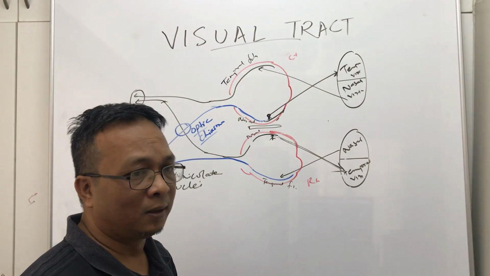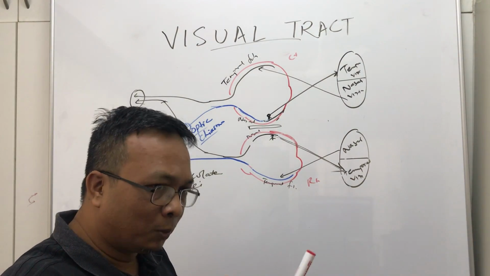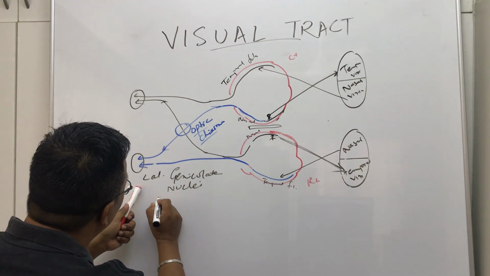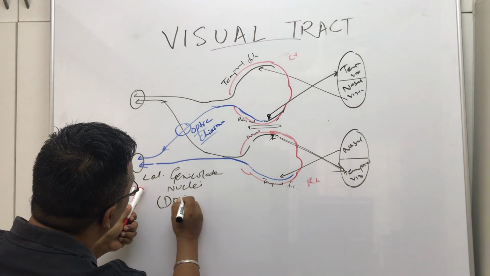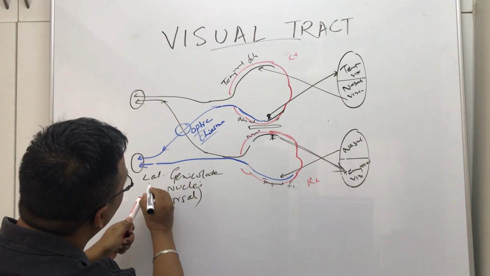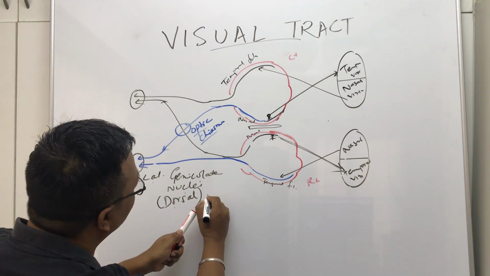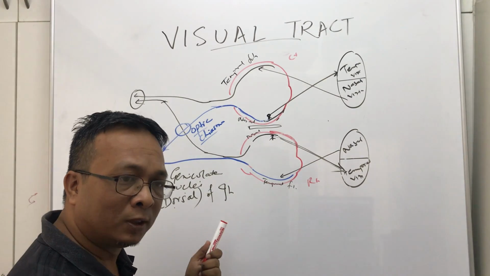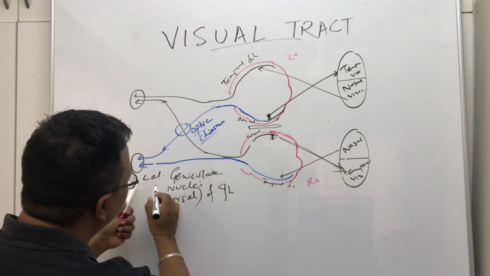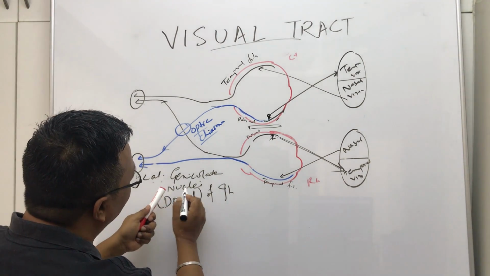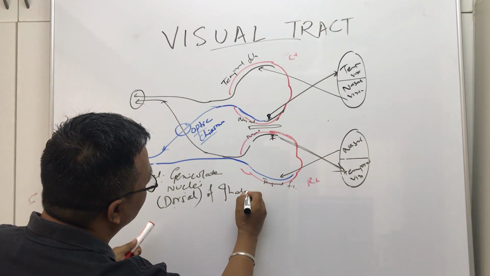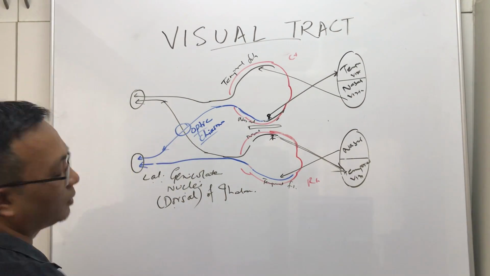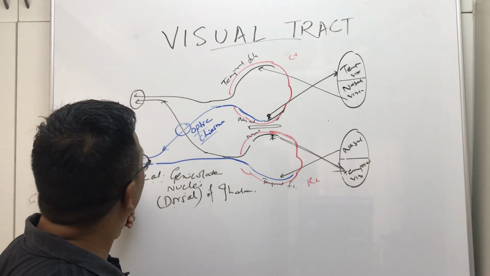In a few new books it is written as the dorsal lateral geniculate nuclei of the thalamus. Even if you write lateral geniculate body, because old books mention it that way, it is okay. So these fibers terminate there.